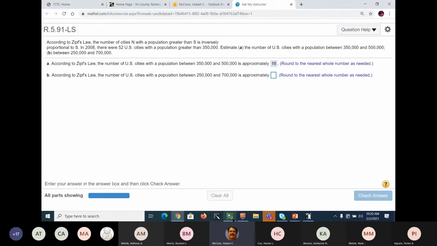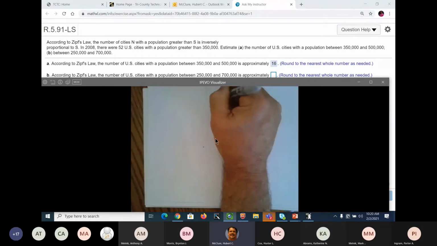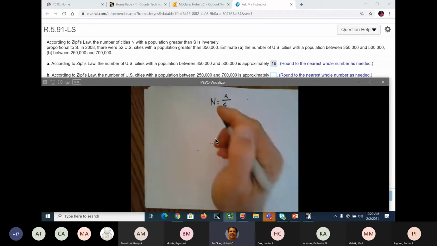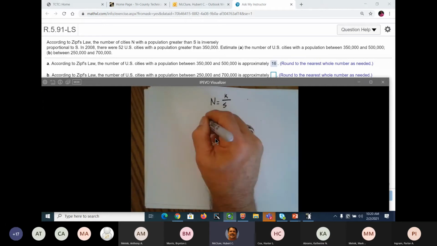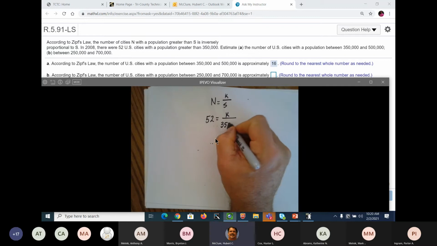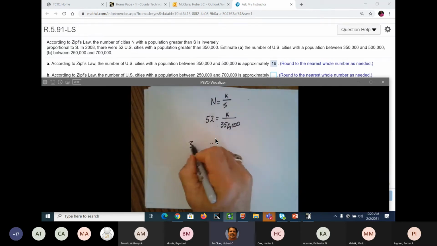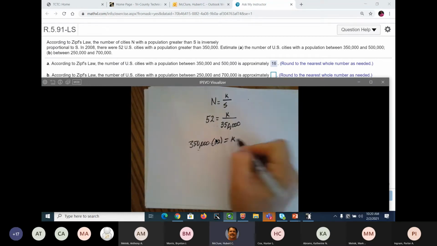So this one is the same setup. N is equal to K over S. And the first initial setup in 2008, there were 52 cities that had a population of 350,000. So 350,000 times 52 is equal to K.